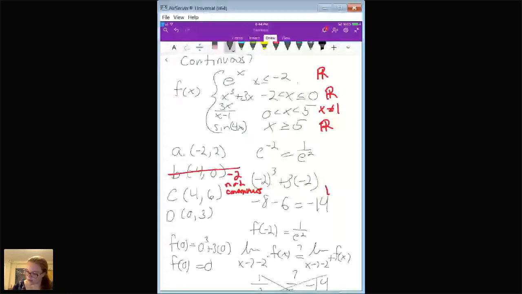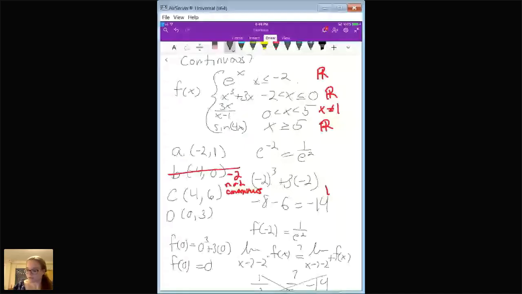Actually, I'm sorry. I think this should be -2, 1. My bad. Okay, that still should be continuous. So we're going between -2, which starts on x cubed plus 3x, and we're going to our next function, 3x over x minus 1. Awesome.